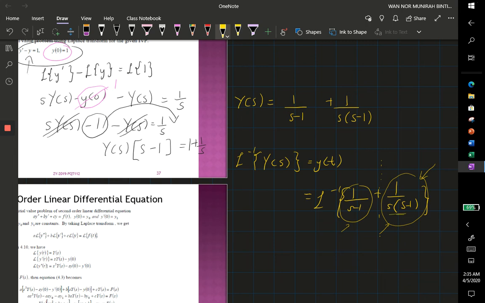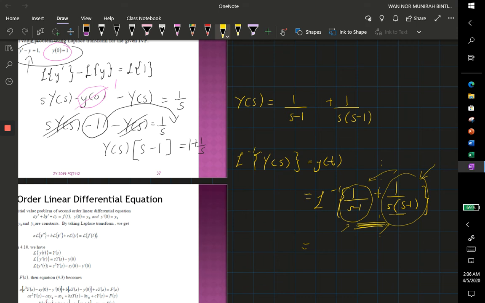Okay, since you have to do twice your work, double your work, why not we just simply apply only one method, which is partial fraction. In order to apply the partial fraction to solve for both simultaneously, I try to make the denominator the same.